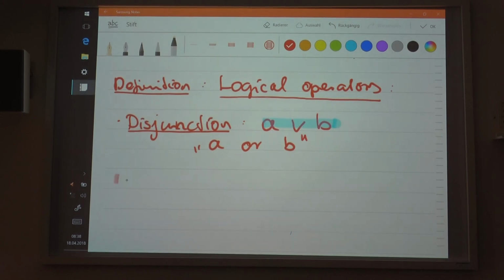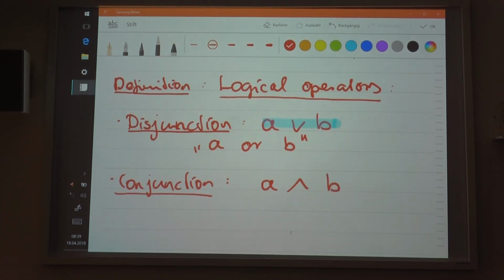Now, then you got the so-called conjunction. This is the AND operator, so you can also say logical AND. It's denoted like this. This is the triangle, and if you see this, then you can just say A and B. Please assume that A and B are statements.